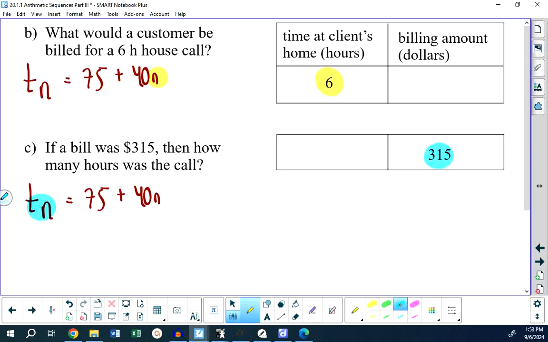And I hope you would agree that solving B is simpler than solving C, because there's no rearranging, right? You're just going to go 75 plus 40 times 6. $315.